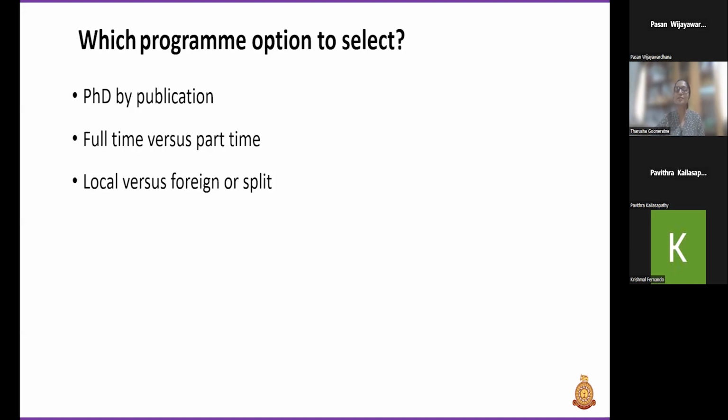I'm currently supervising someone who's progressing very well doing a local PhD. So there are many. Look at your circumstances. Foreign would be great if possible, and also split, again depending on the organization and on our universities' arrangements and particular conditions; you would need to see what's possible in terms of a split.